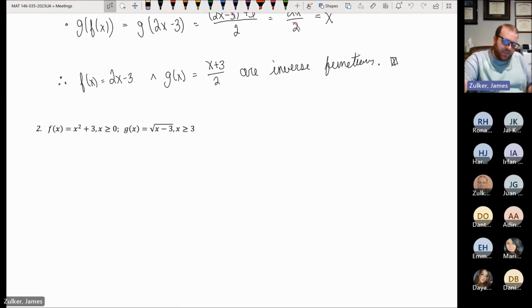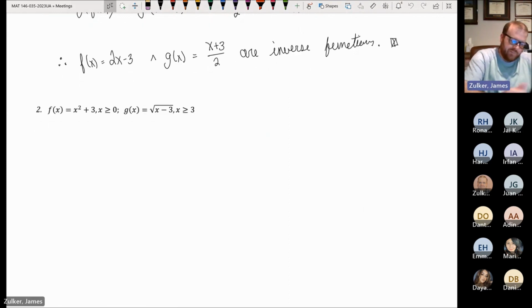All right, now we're going to look at x squared plus 3 for x being greater than or equal to 0, and the square root of x minus 3 for x being greater than or equal to 3. F of g is f of root x minus 3.